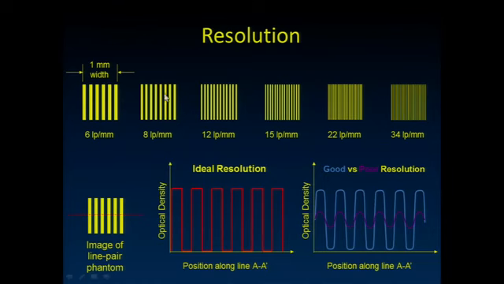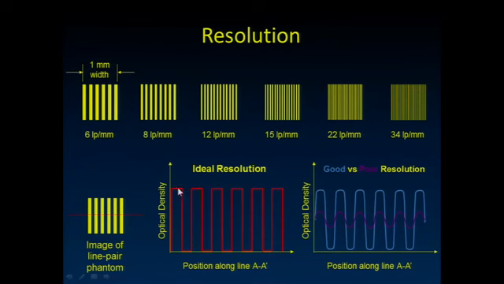And that's this idea of these line pair phantoms that you see a lot in radiology that try to capture. If I take one of these and I image them with an imaging system, how well can I separate these as individual lines? And if you had an ideal system and you imaged one of these with an X-ray system, well then if you measured the brightness across the surface of the film, it should be at a perfectly high level at one spot and down at the lowest level.